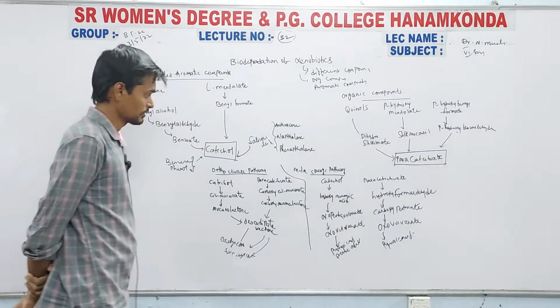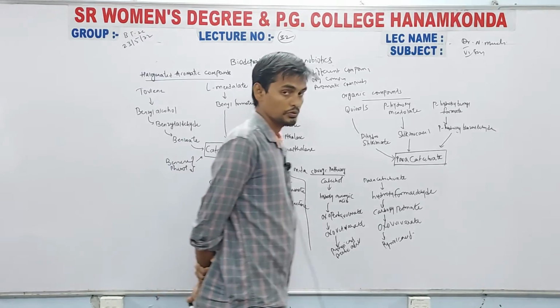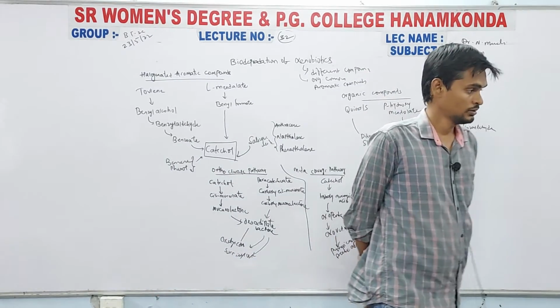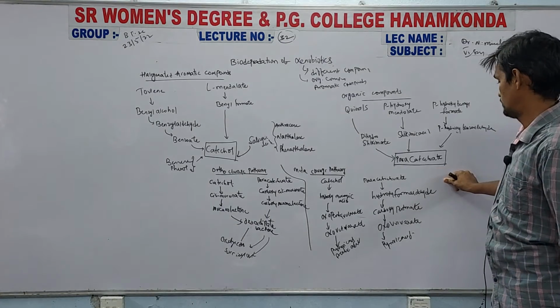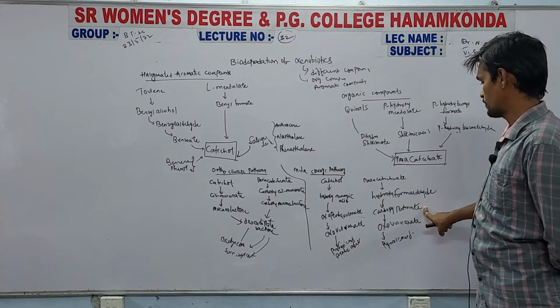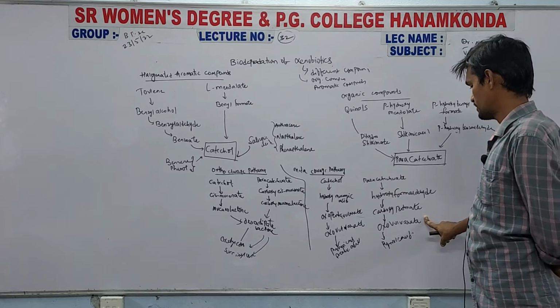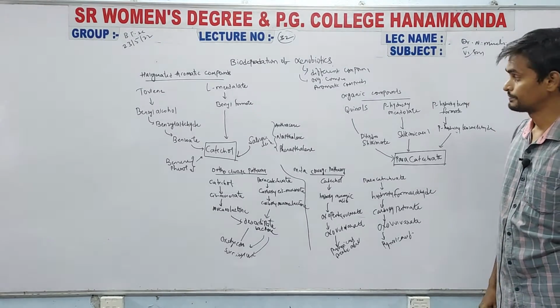So in the meta cleavage pathway, protocatechuate will undergo degradation to form hydroxyformaldehyde, carboxypentonate, oxovalerate and pyruvic acid.